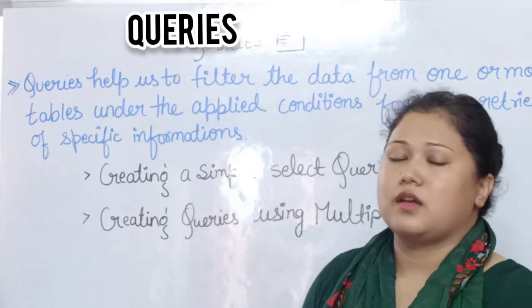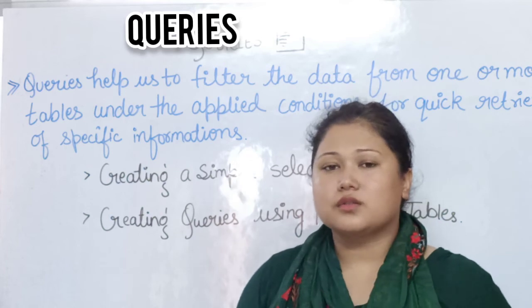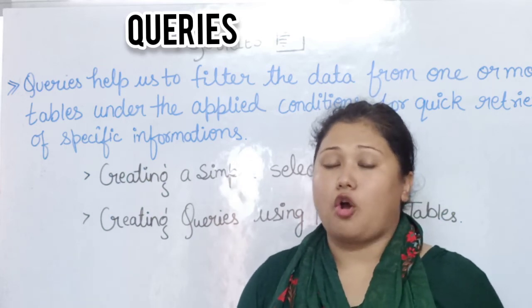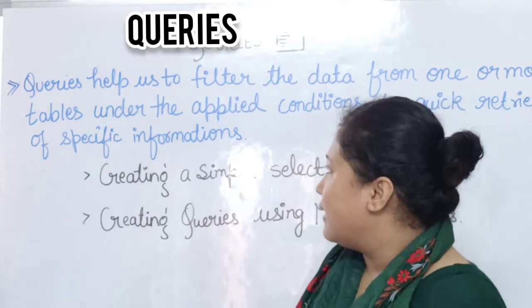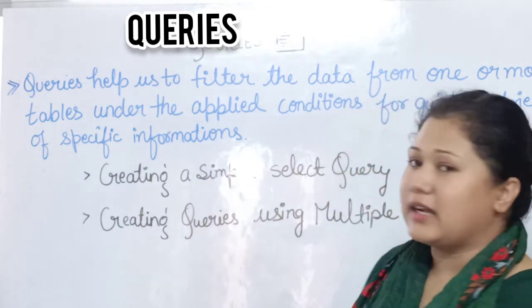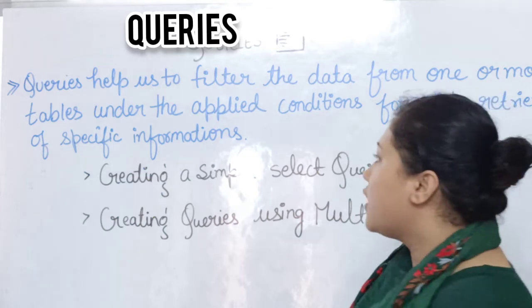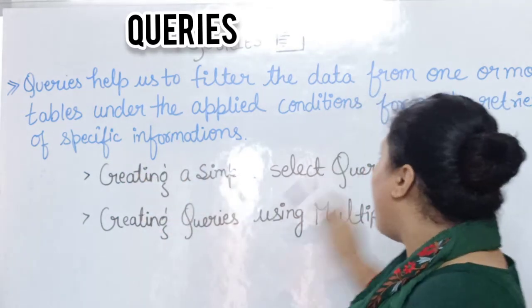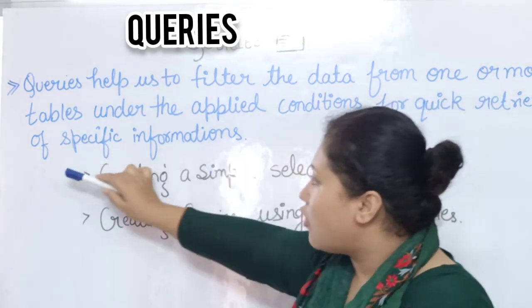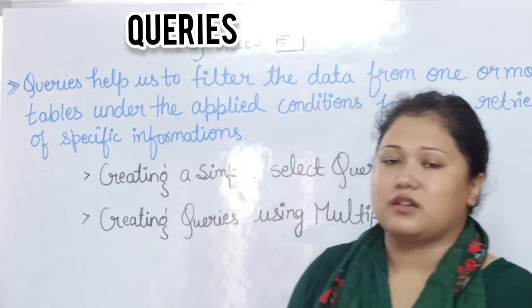Queries. Queries are also another object of MS Access. A query helps us to filter the data from one or more tables under the applied condition for quick retrieval of specific information.